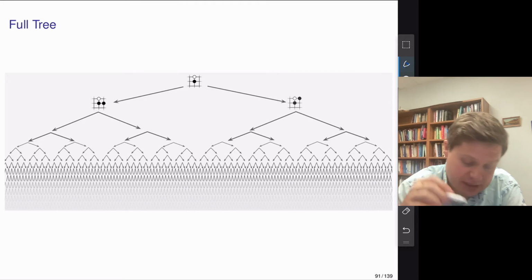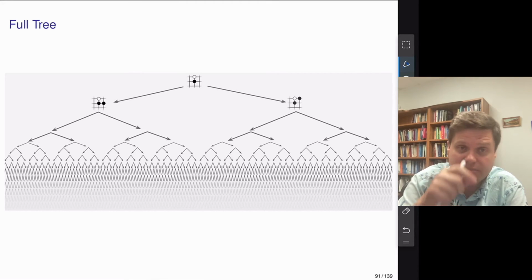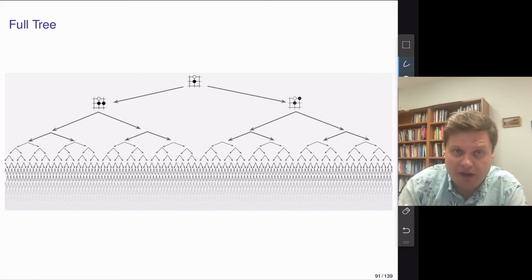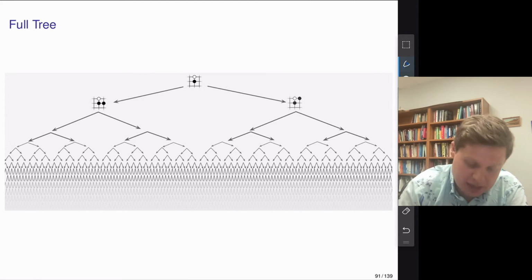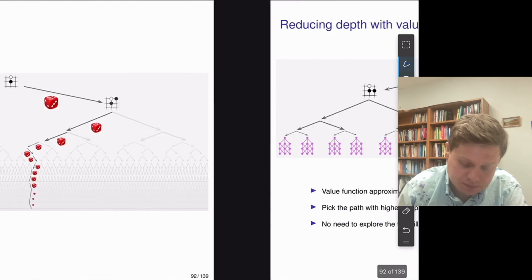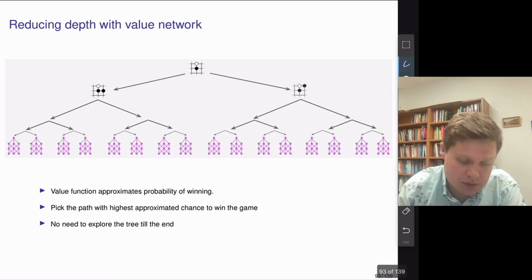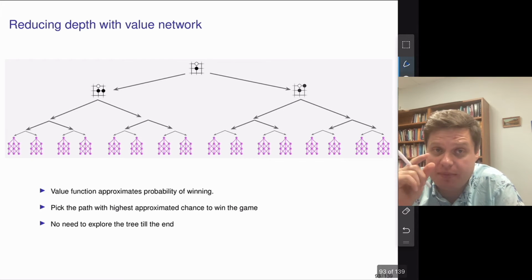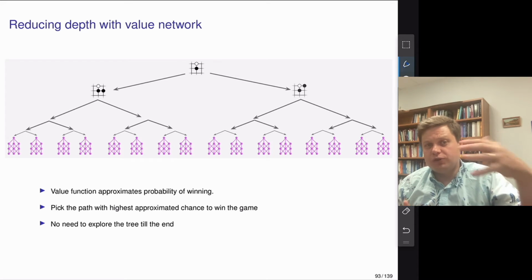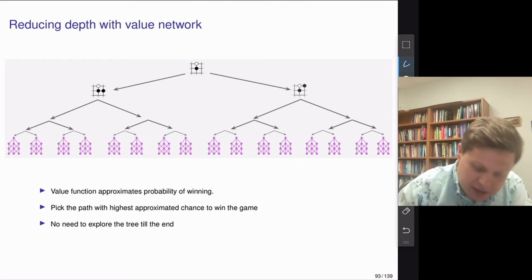It's actually a more complex game, and so you have all possible moves on the first move, and then moves that follow after that move, and moves that follow the second move, and you have a large tree. And essentially what a neural network allows you to do is reduce the depth with the value network. So instead of going 17 moves, you can only go 3 moves, and at the end you approximate the value of being in this state.